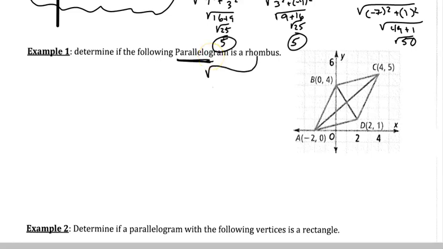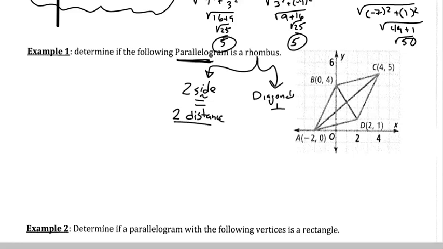To show it's a rhombus, we can either show 2 sides are congruent, 2 adjacent sides, or we can show the diagonals are perpendicular. When you're showing sides are congruent, that would be 2 distance formulas.